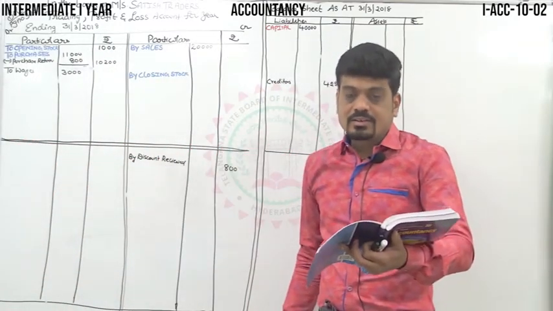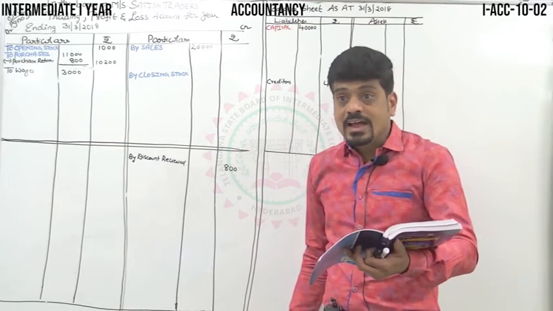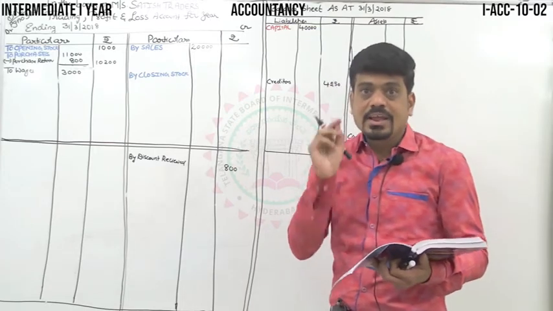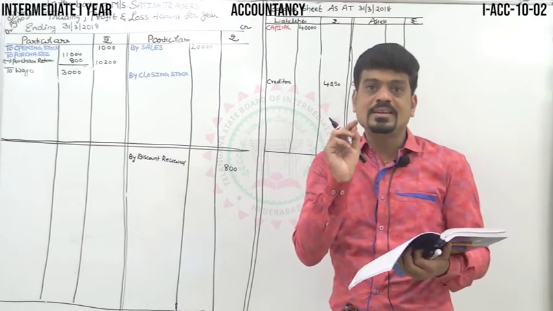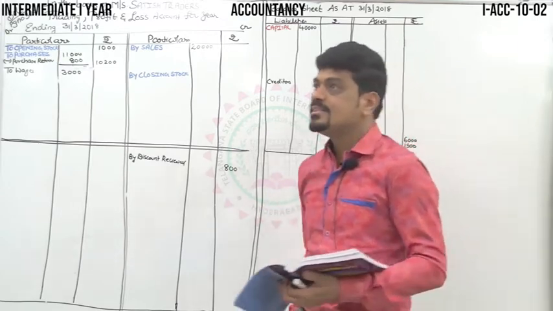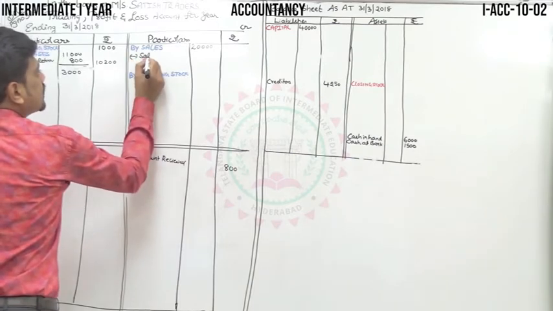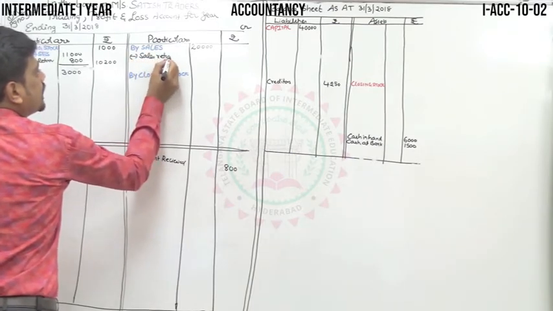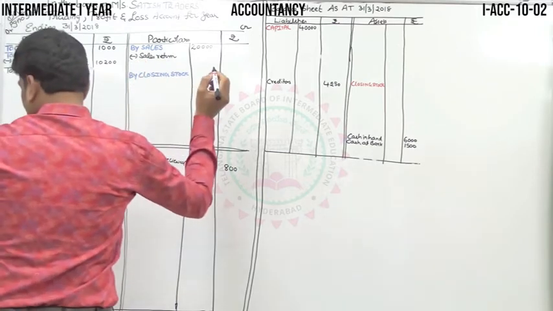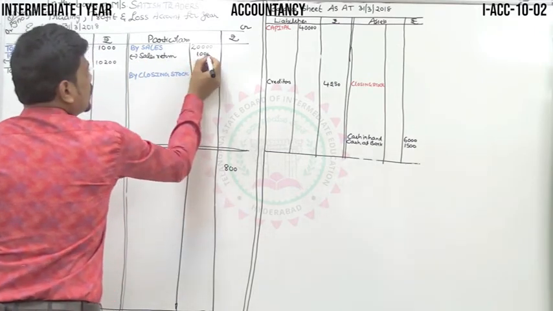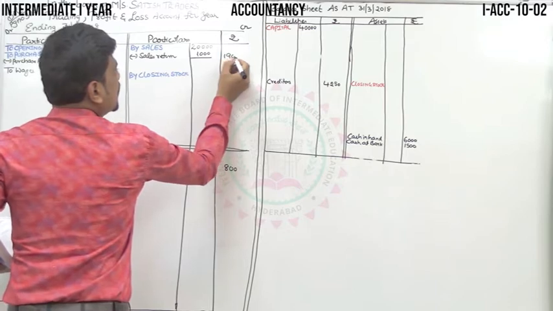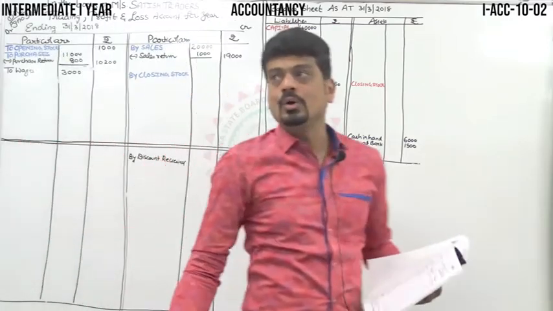Then returns. Which returns are they? Sales return. Anytime returns given on debit side of trial balance are sales return. So we'll subtract from sales. Minus sales return 1,000. If you subtract, the answer is 19,000.